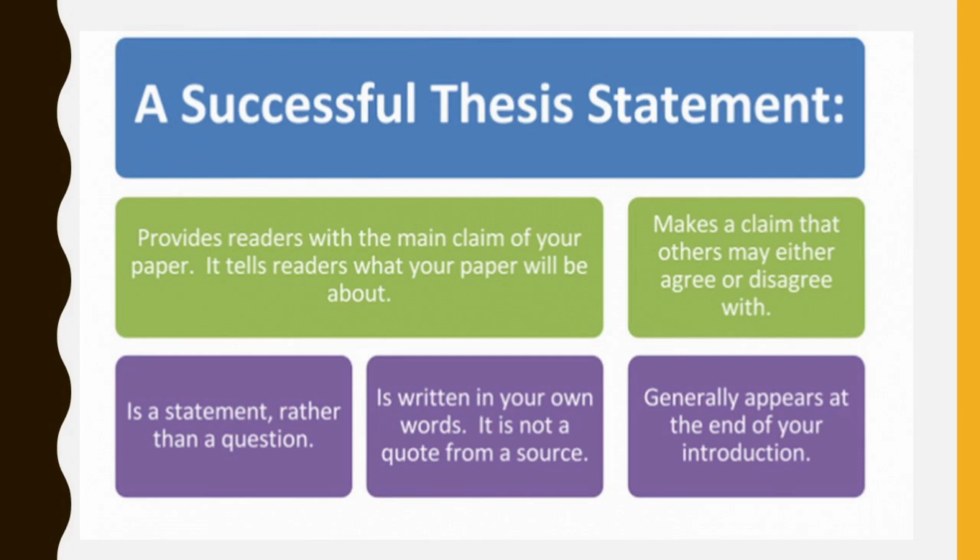It should tell the readers what your paper will be about. That's very important, and it makes a claim that others may either agree or disagree with. Your paper or thesis must raise certain claims that others may sometimes agree or disagree with. Somehow you must know how to defend your claim.